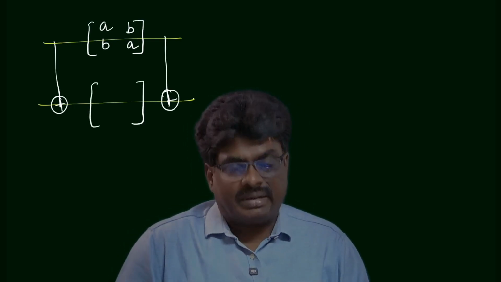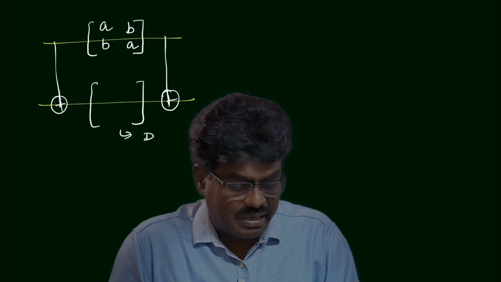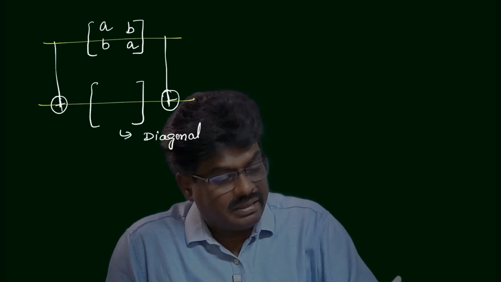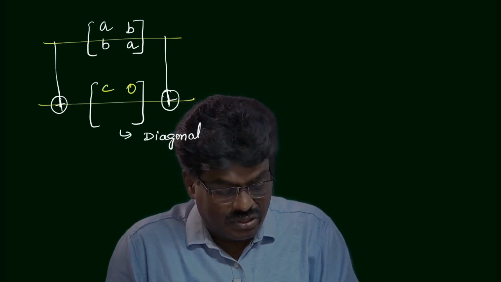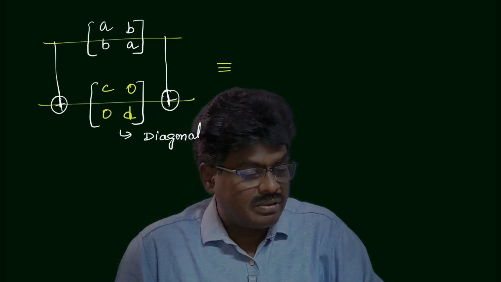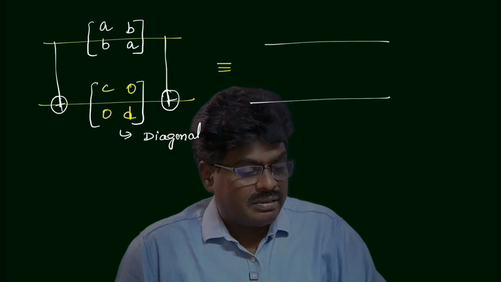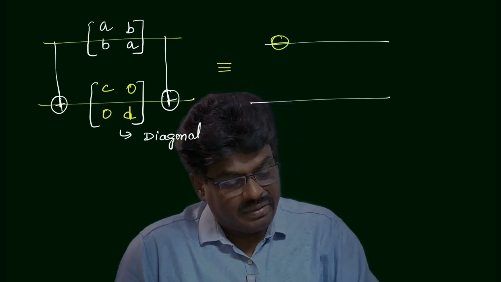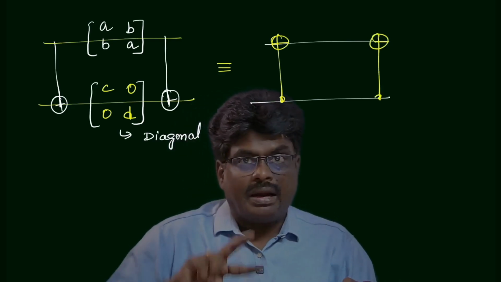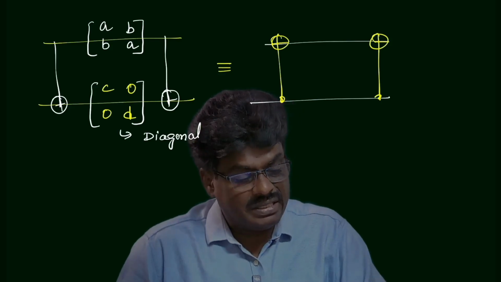And here any diagonal matrix, this must be a diagonal, that means let us say C, 0, 0, D. Then what I observe, I have verified this, and reverse C0, reverse C0, and those two operations are interchanging.